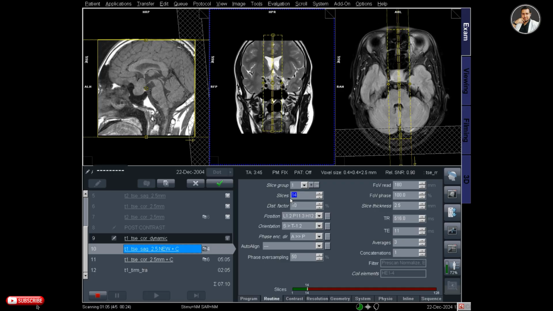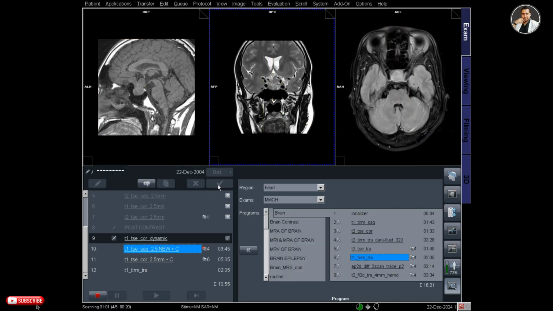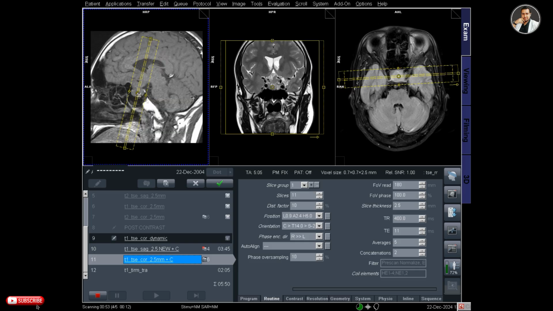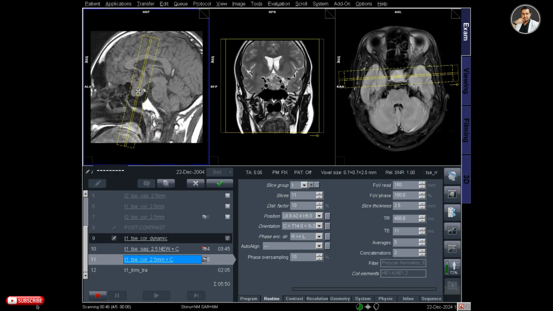Here the pituitary gland does not remain a normal gland, it becomes a huge lesion, so I am using this tumor as a reference for my planning, the axis of the tumor.